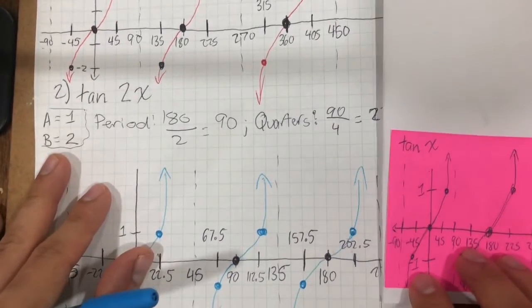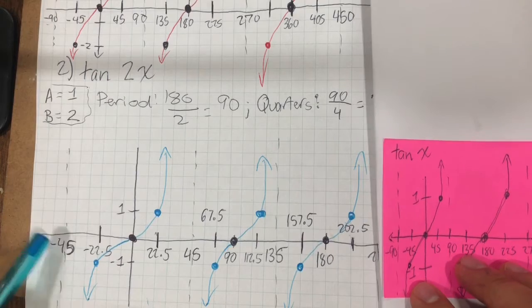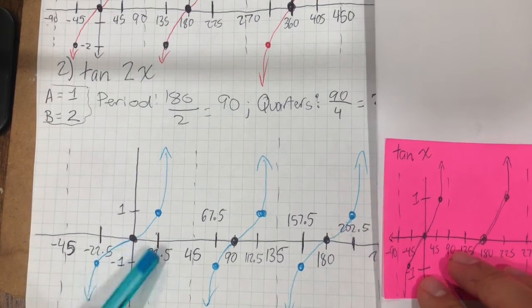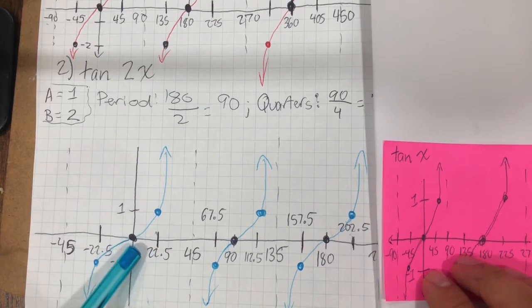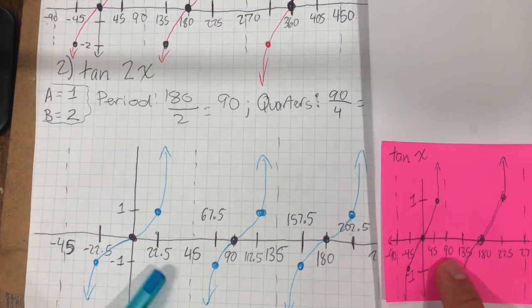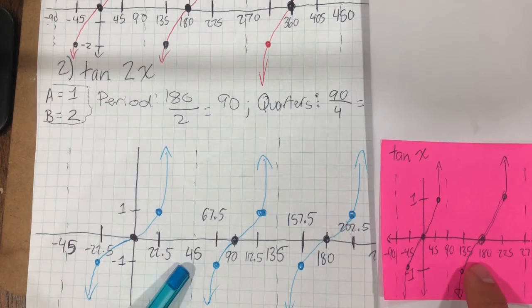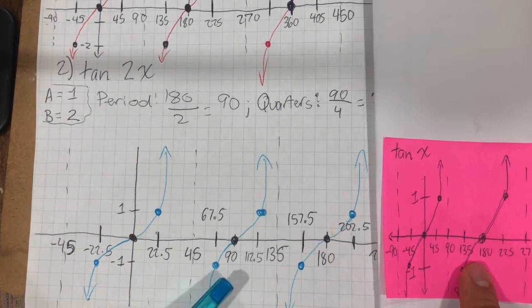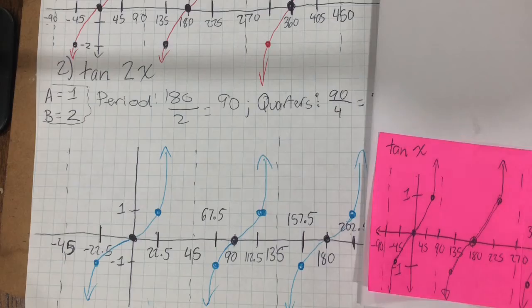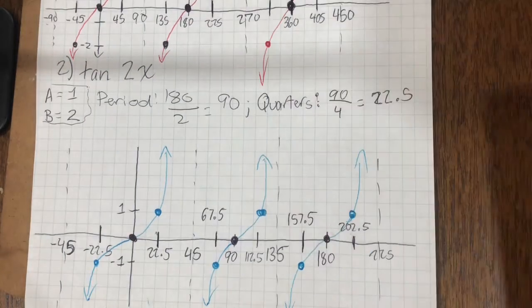All right, so if we take a look at some of the x values, we see that they have definitely decreased. We went from 45 to 22.5, 90 to 45, 135 to 67.5. So each of the x values is being reduced by a half, or we can say divided by 2. All right, so let's move on to 2 more examples.